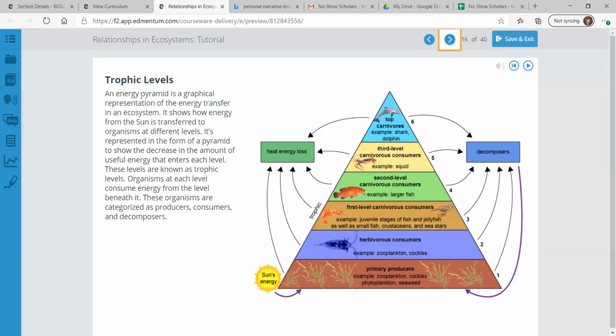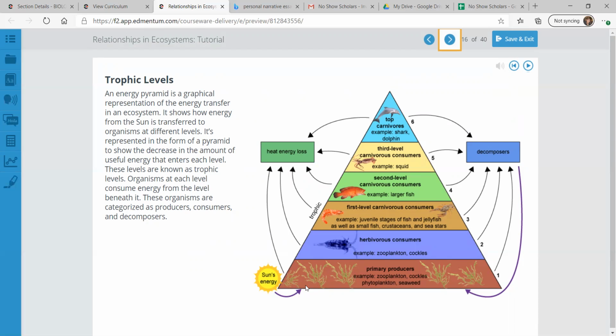It shows how energy from the sun goes to each organism at the different levels. And it's represented in the form of a pyramid to show that there's a decrease in the amount of useful energy as it moves up the level.